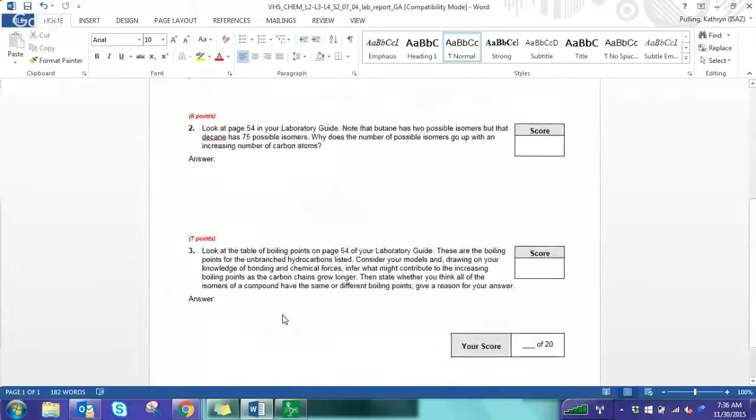And then the last one, look at the table of boiling points on page 54 in your laboratory guide. These are the boiling points for the unbranched hydrocarbons listed. Consider your models and drawings based on your knowledge of bonding and chemical forces. Infer what might contribute to the increasing boiling points as carbon chains grow longer.